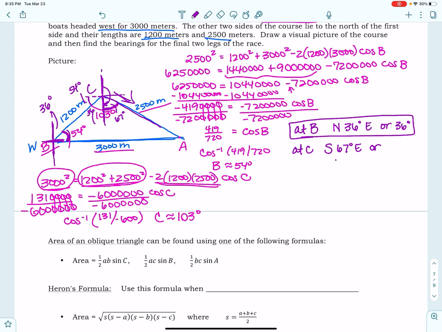Essentially all I'm doing is adding 90 to this little angle right here. So what's this little angle? Well, if this one's 67, what else do you need to get to 90? You need 23.